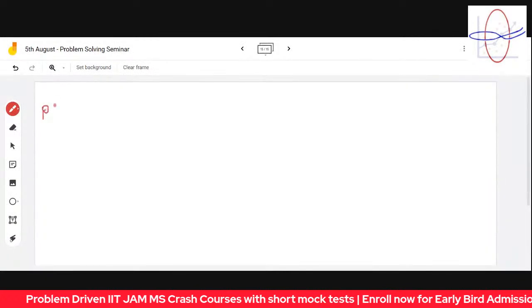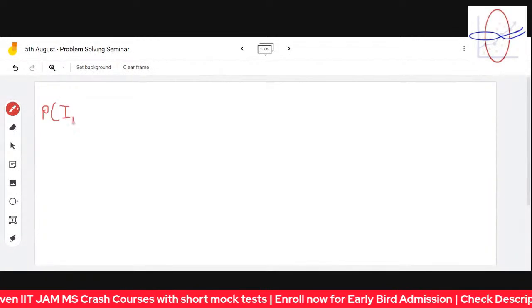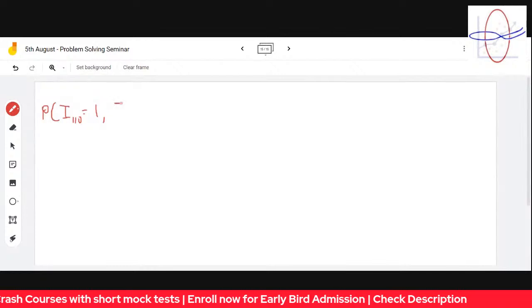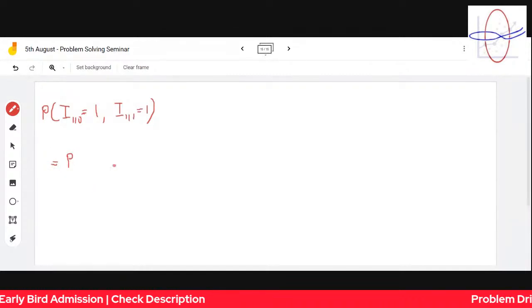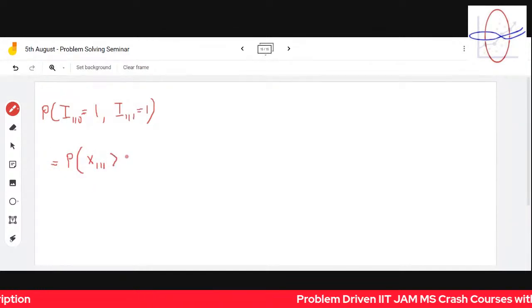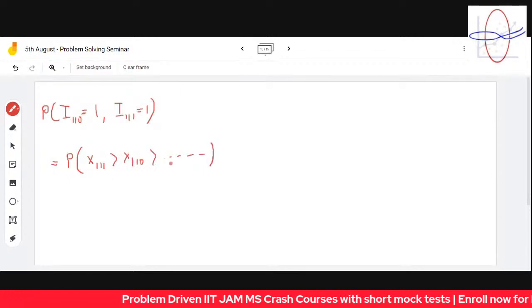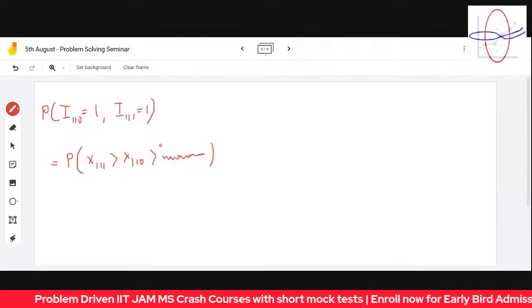What is probability I of 110 is equal to 1 and I of 111 is equal to 1? Let's understand this. This means probability x 111 greater than x 110 greater than all the other rest of the stuff.